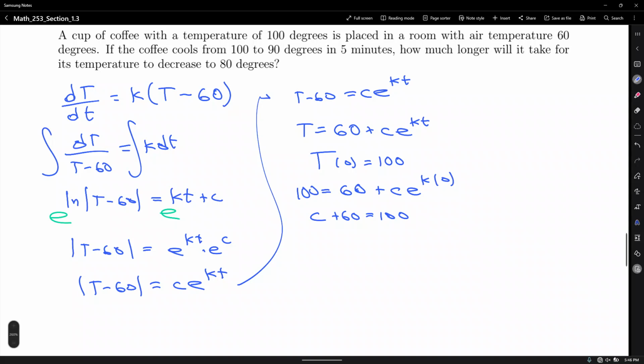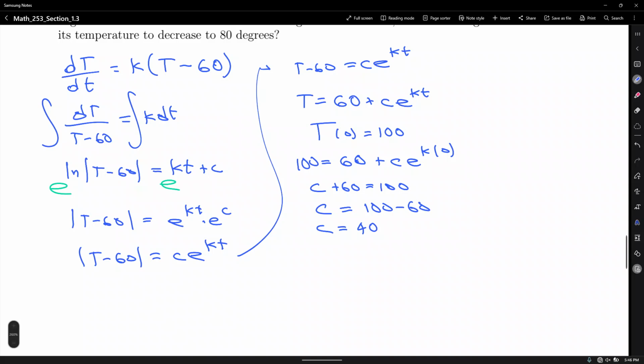Then subtract 60 from both sides: C equals 100 minus 60, which is C equals 40. Going back to the function, we write T of t equals 60 plus 40 e to the kt.